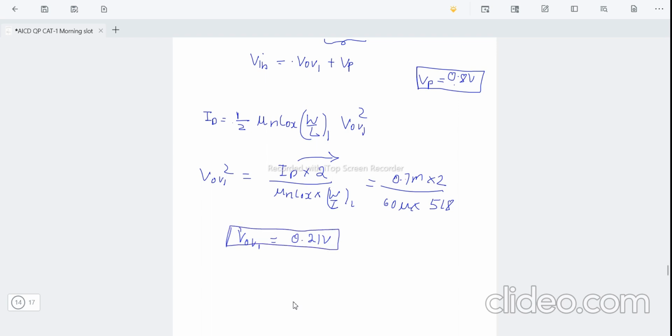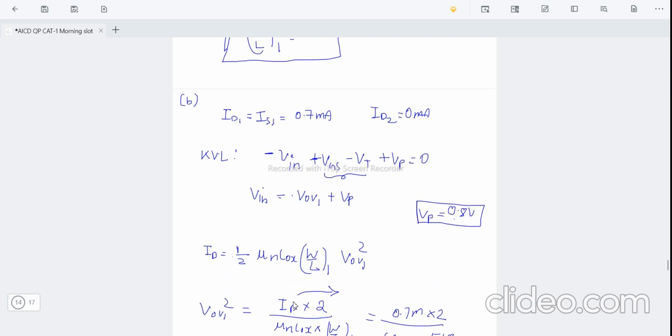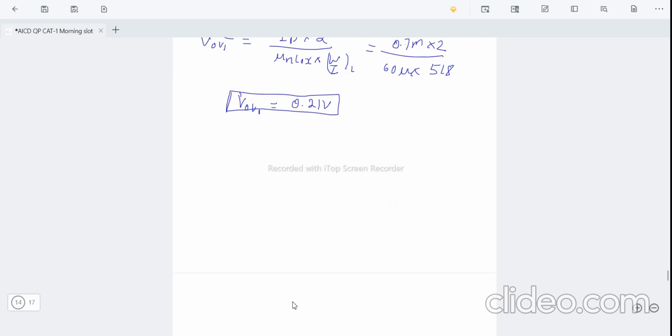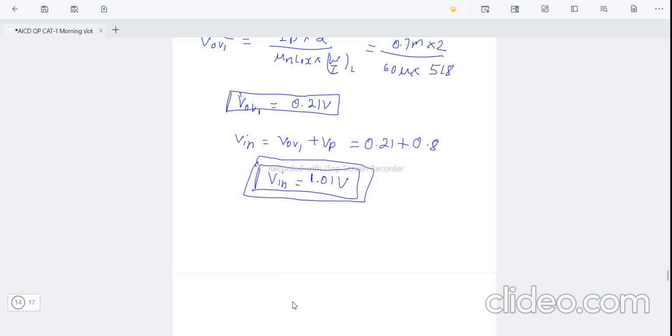Then substituting the same in the equation here, Vin equal to VOV1 plus VP, where VOV1 is 0.21 volts and VP is 0.8 volts. So we'll be getting 1.1 volts. This is the voltage which is required in order to make one of the MOSFETs on and the other one off.